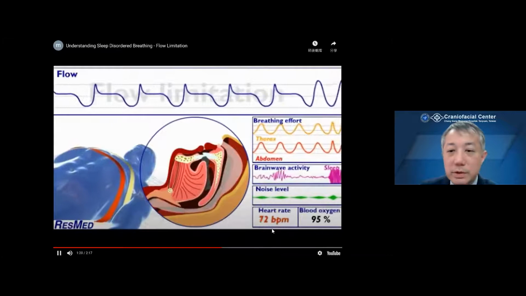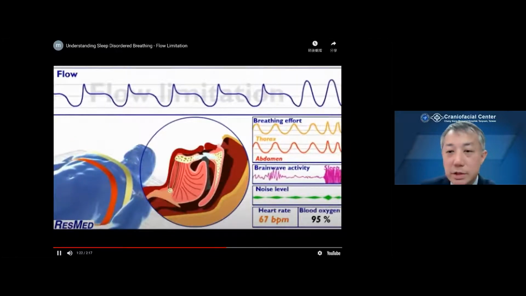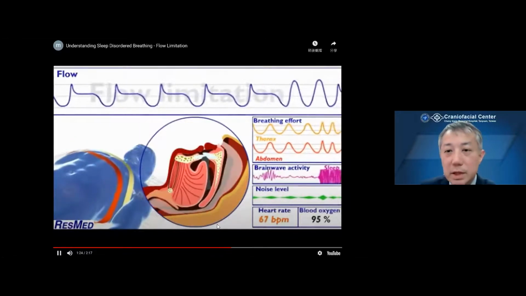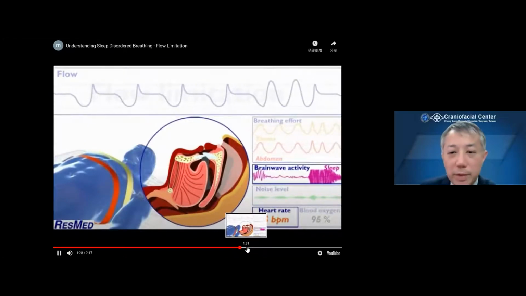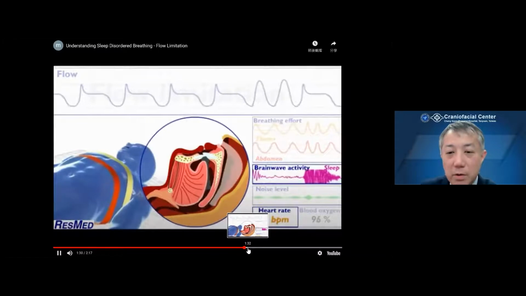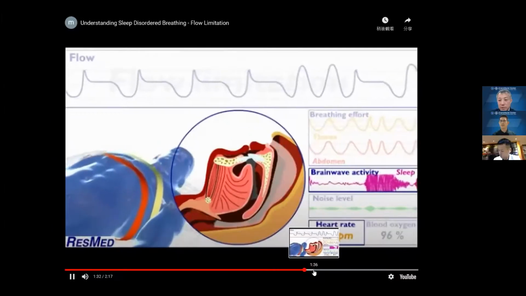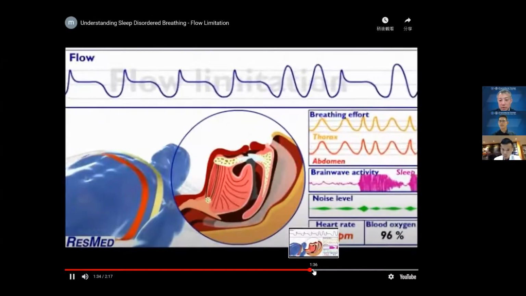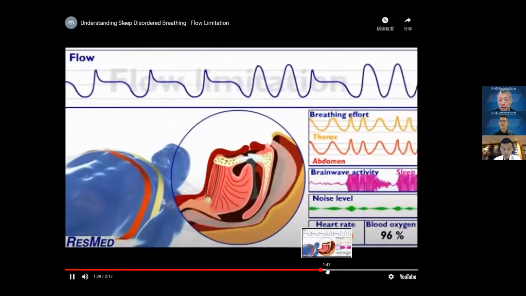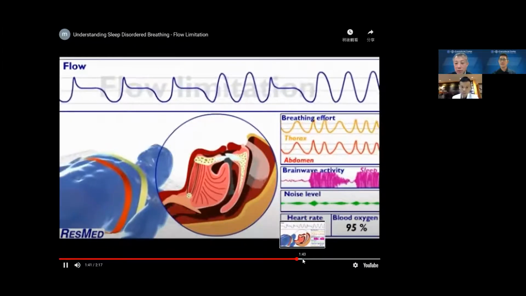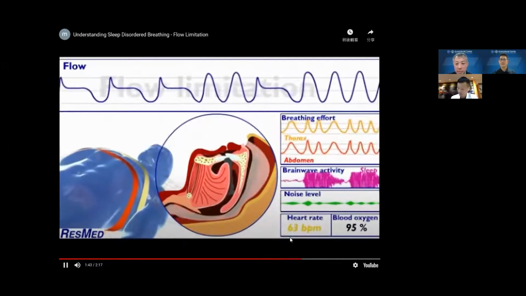During the arousal, the heartbeat will increase and the oxygen saturation may decrease. That's what happens when people have a relatively narrow airway and decreased muscle tone during the sleep. You can also see the sympathetic tone is increased, and that's how the sleep is affected.